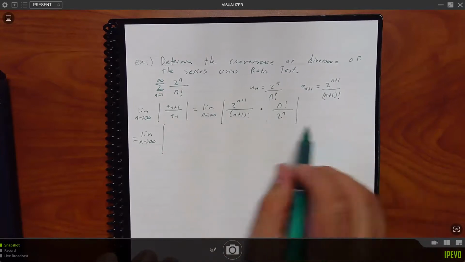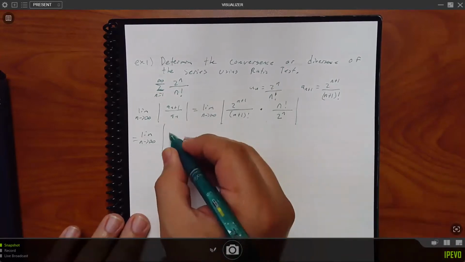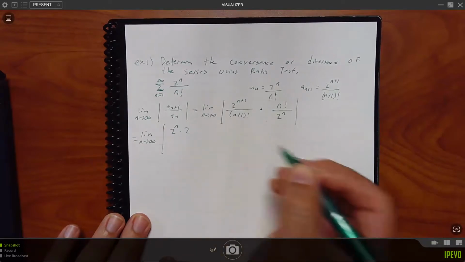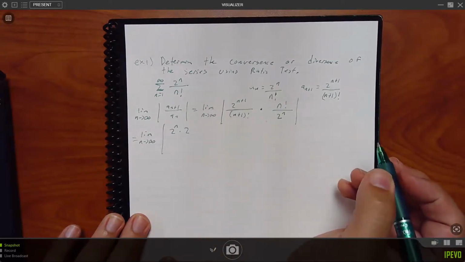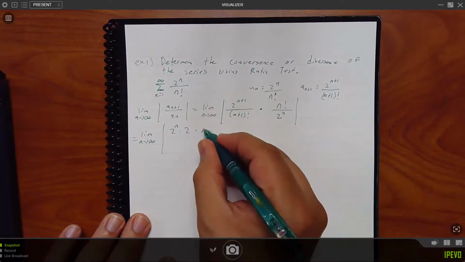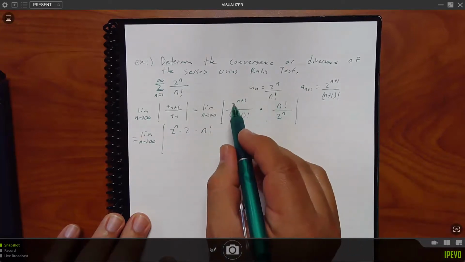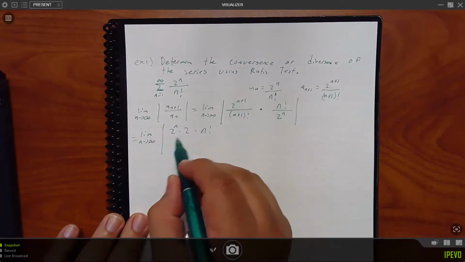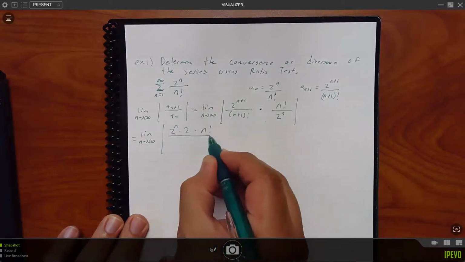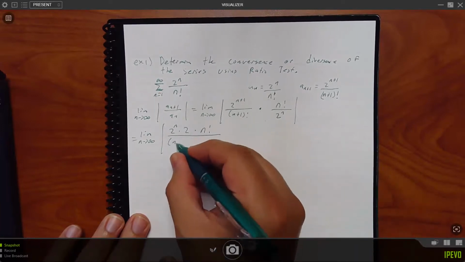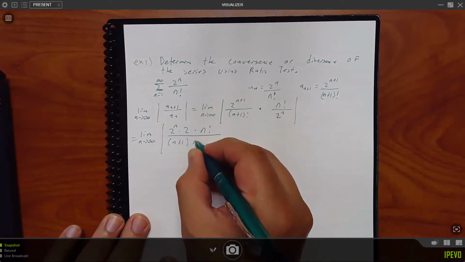Now notice that this stuff can cancel out. So let me show you. 2 to the n times 2 is the same as 2 to the n plus 1, times n factorial, so that's right there. I'm just combining the fractions, and then I broke this piece up here. (n plus 1) factorial is the same as (n plus 1) times n factorial, right?